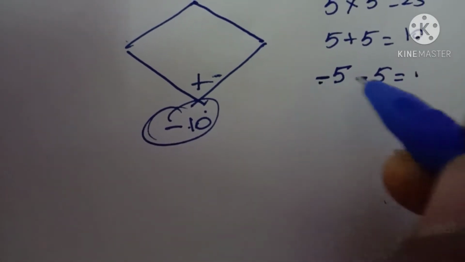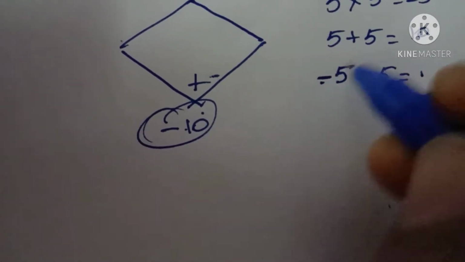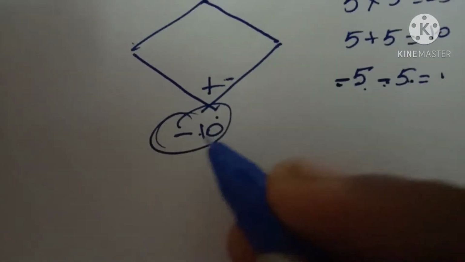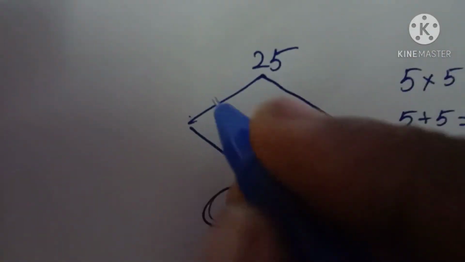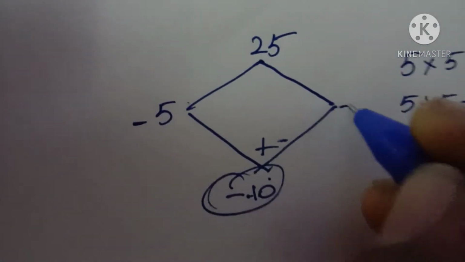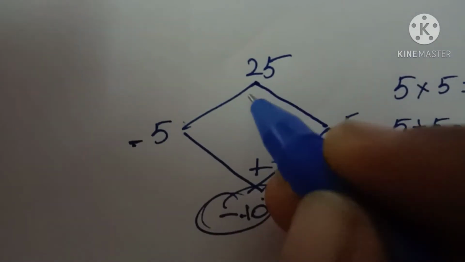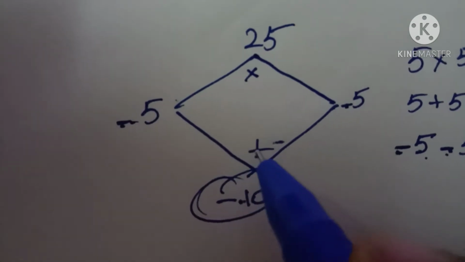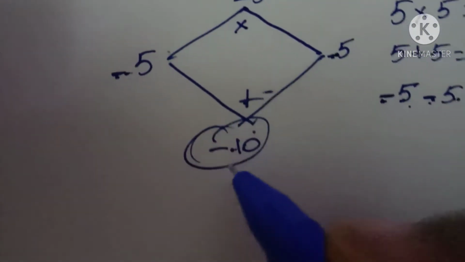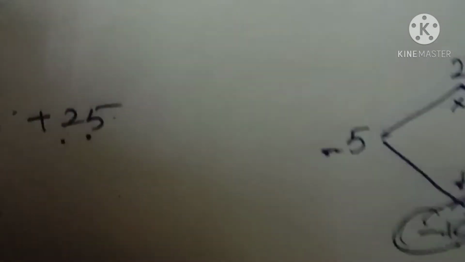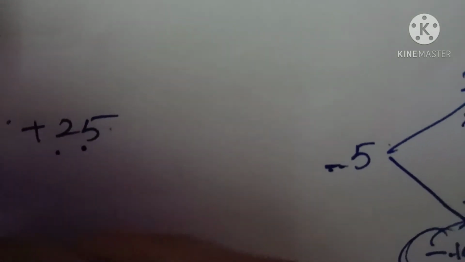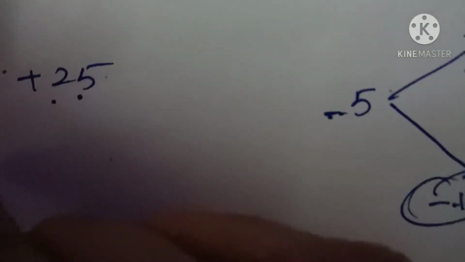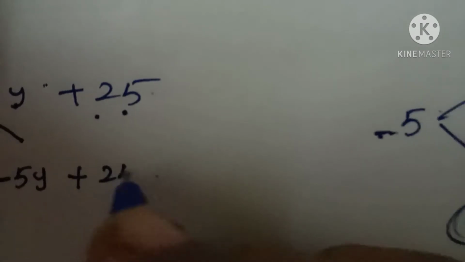Then minus 5 plus minus 5, if you add 5 plus 5 is 10 and the greater number sign is minus. Therefore minus 10. Therefore the factors: y square, and this minus 10y you are splitting into minus 5y minus 5y plus 25.